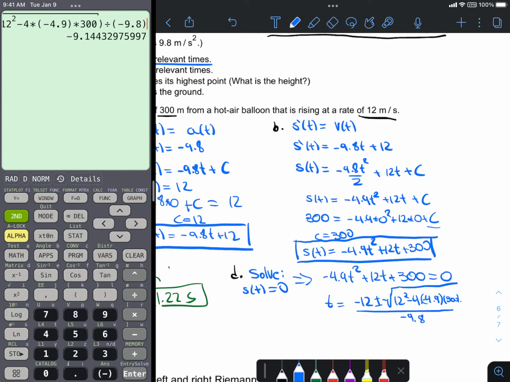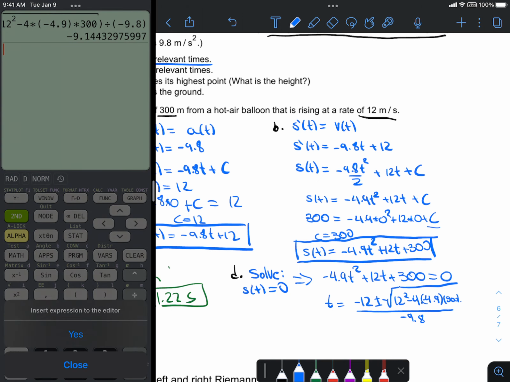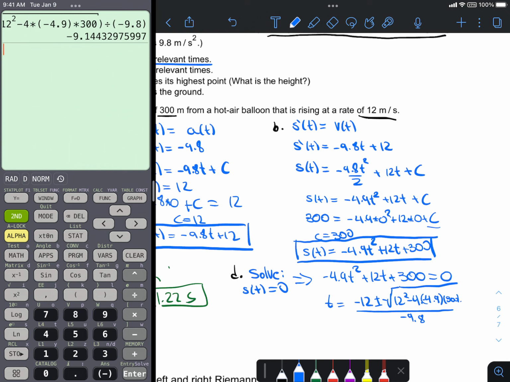So that's a negative time, so that doesn't work for me. That's because I did the plus. Let me check that. Re-enter this, see if I haven't made a mistake. So I did 12 plus that, but it should have been negative 12 plus that, so fix it.